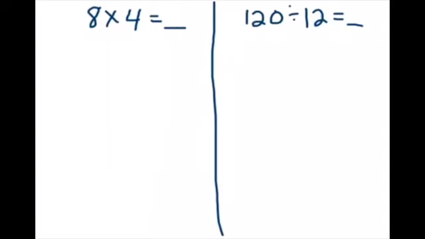Alright, so for this last one, I want you to pause this and try this on your own. And I want you to find the fact families. So please make sure that if your factors in your multiplication problem are exactly the same, then you will have 4 equations that you need to come up with. And today, I want you to also find out what the product of your multiplication problem is.